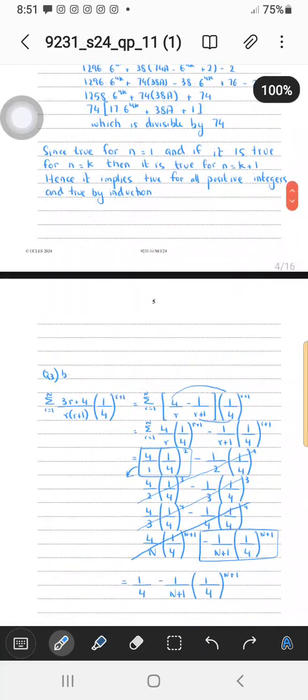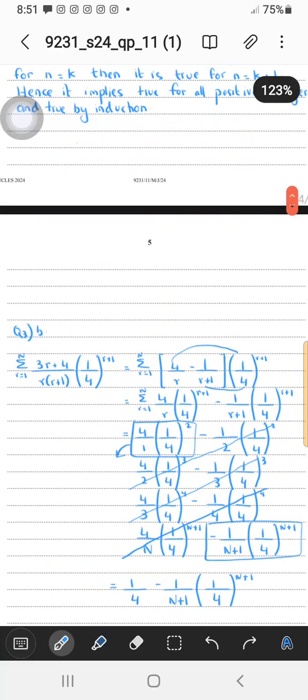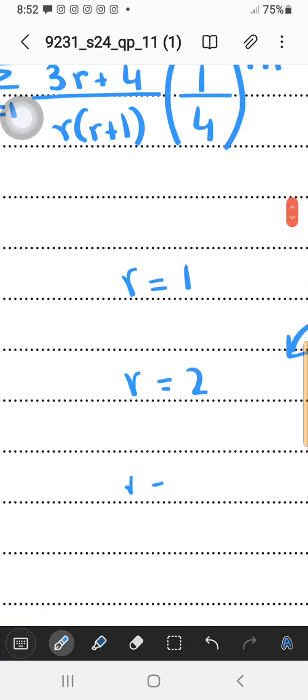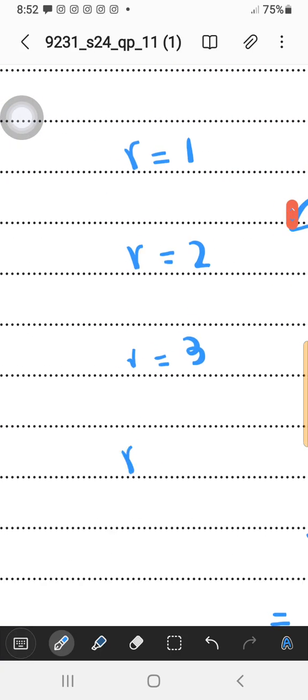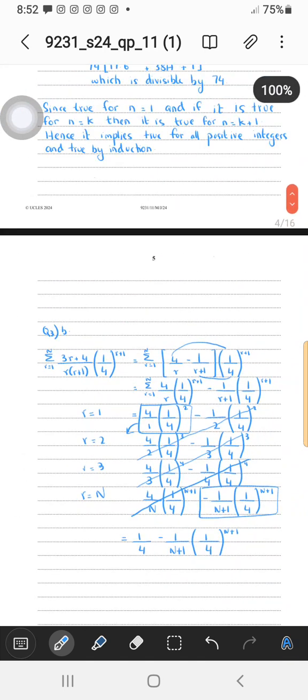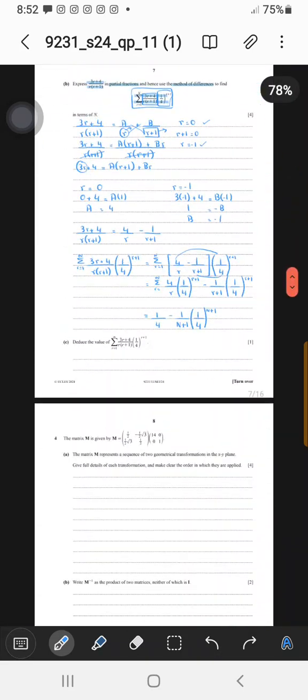Then we inserted 1 instead of r. That means here the r is equal to 1, here the r is equal to 2, and here the r is equal to 3, and here the r is equal to n was inserted. And we got a pattern that they are getting sliced like this, so we just cancel and we got our final two terms and got the answer.